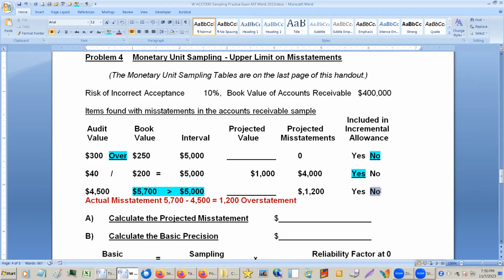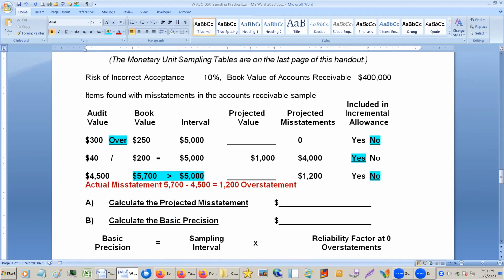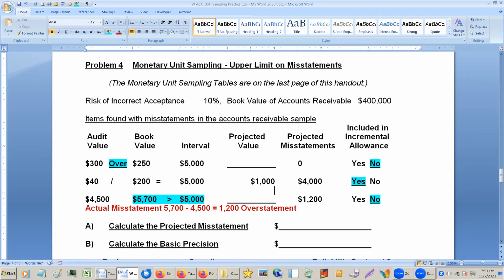Now, this is not included in the incremental allowance because this could not get any worse. Every data point in this 5,000 interval is taken care of. It's been sampled, basically. It's a 100% sample on this one. So could it be any worse? No. Notice that on the other one there could be more things in there that are a problem.